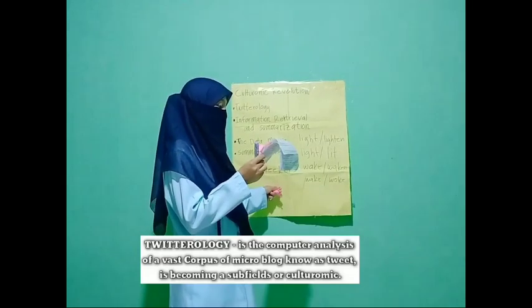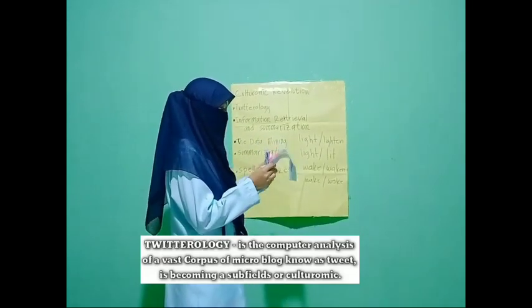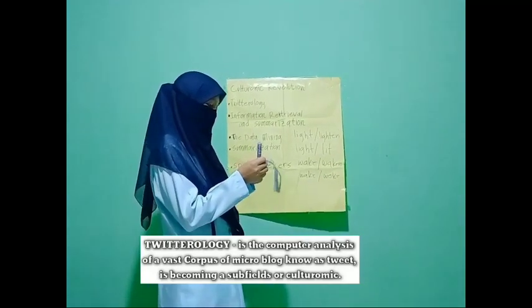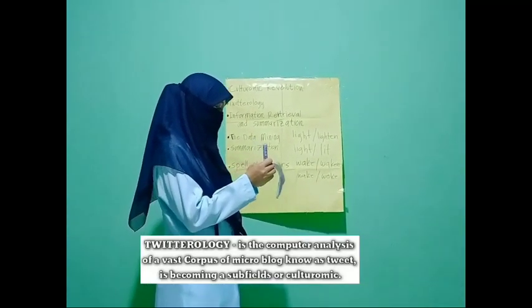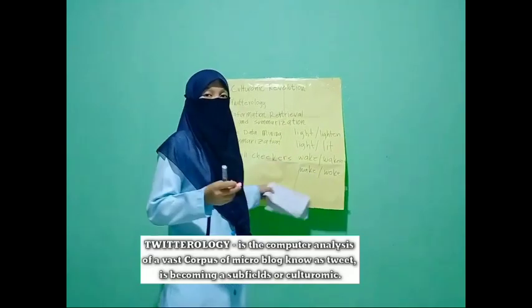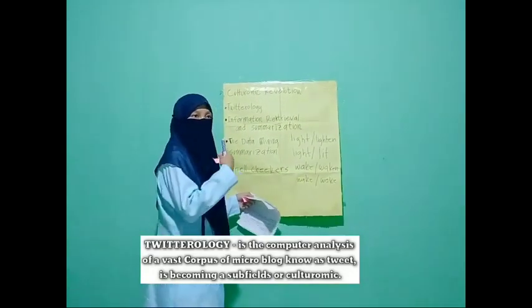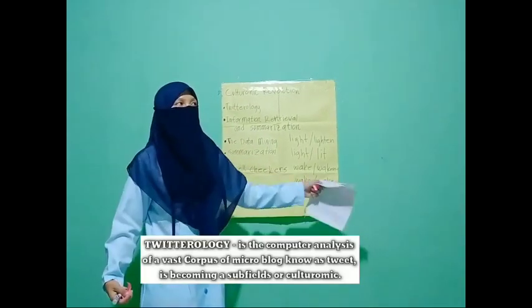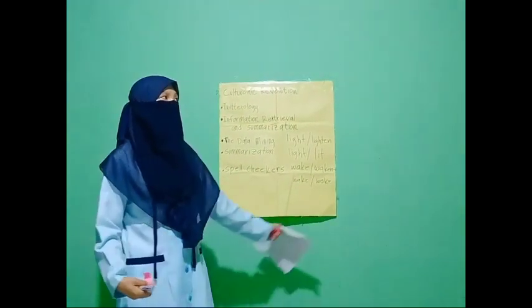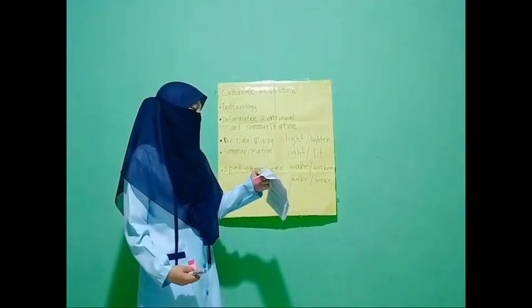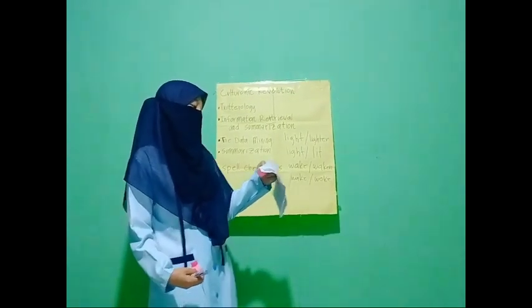So tweetology is the computer analysis of a vast corpus of microblogs known as tweets. As we know, some people use the application Twitter, and inside that application people post there. It is the word tweetology.